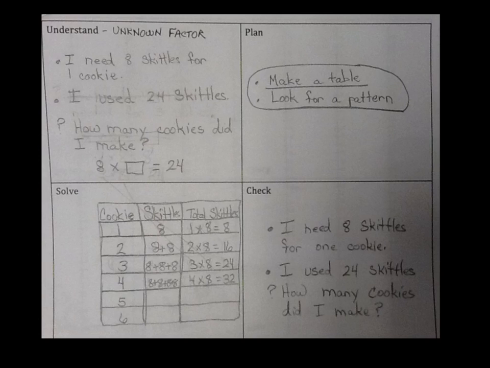And that number sentence would look like this. 3 cookies times 8 Skittles in each cookie equals 24. This number sentence matches this story, and this story matches that story, so I know my answer is correct.